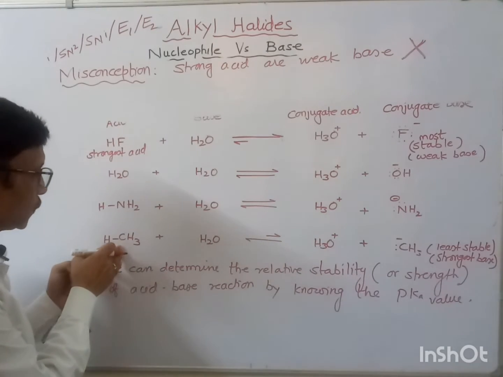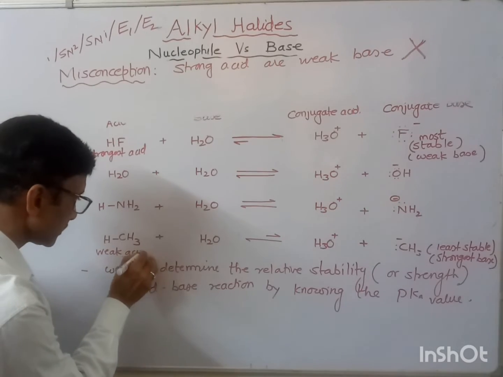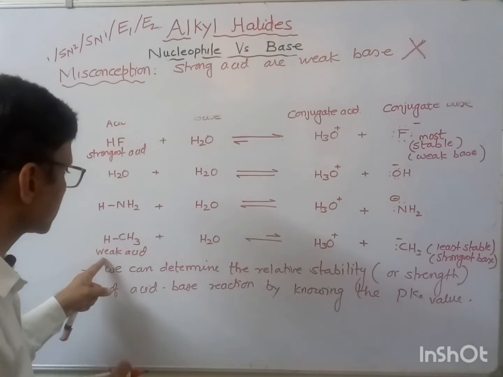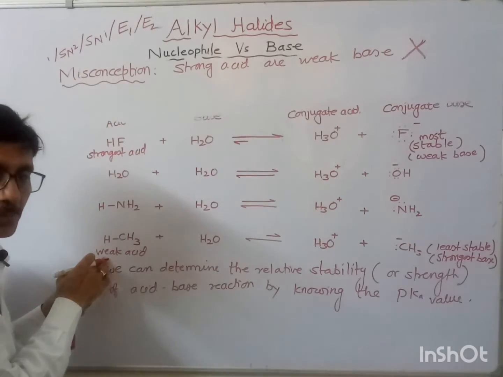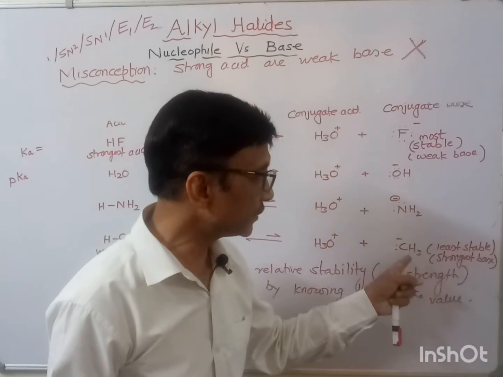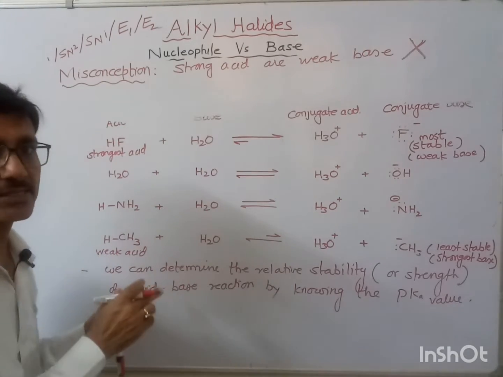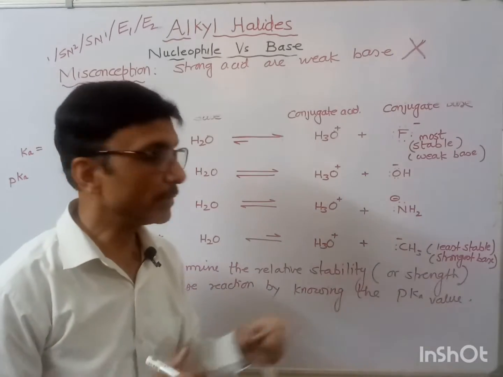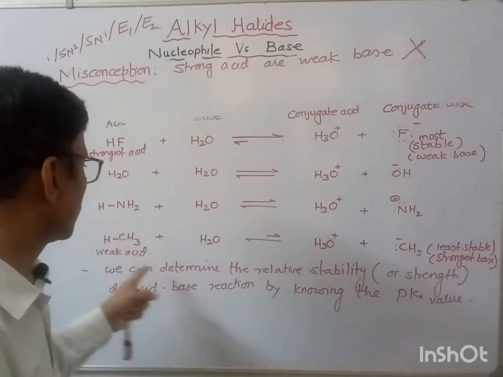If you see, CH4 is a weak acid, so a weak acid should give a strong base. But CH4 itself is not a strong base. CH3 minus is a strong base, which is the conjugate base of this weak acid.